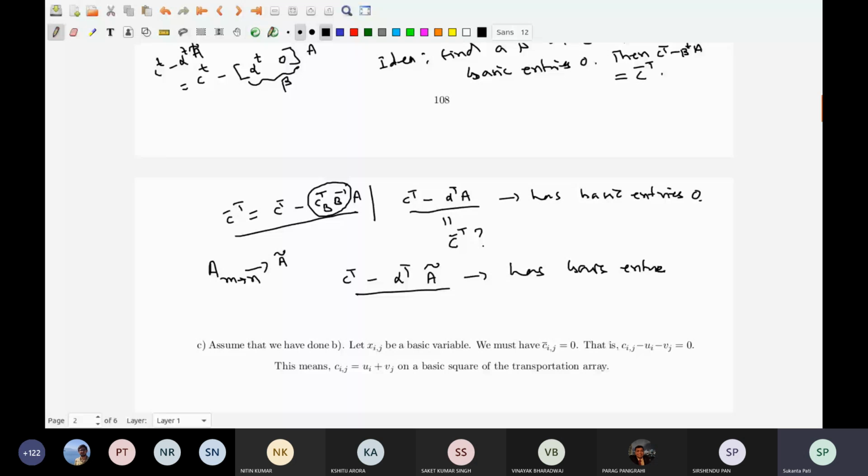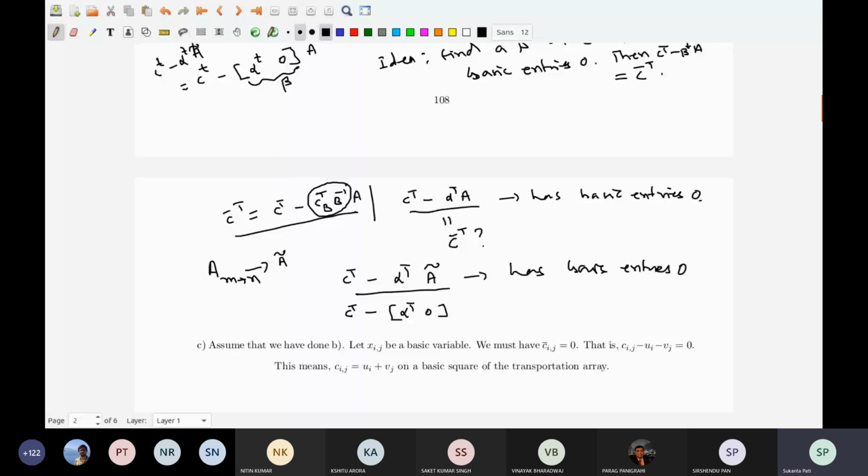You already have the BFS and the basis information. So you say, I have to find some alpha transpose that has basic entry 0. Then you say, why search alpha transpose? Let me search a beta transpose of this form, such that this has basic entry 0.